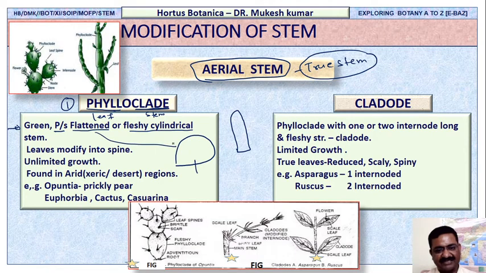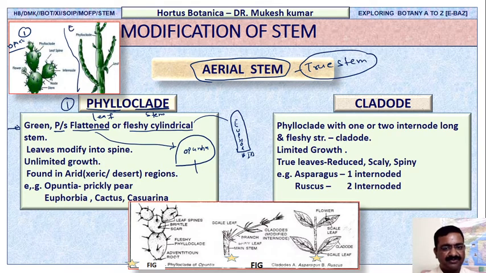This flattened structure is very common in Opuntia, and this cylindrical structure is common in Euphorbia. Mind well. So two examples are also given in our NCERT. See, the first one is your Opuntia, and the second one is Euphorbia, isn't it? How it is a very cylindrical structure, see, and this is a very flattened structure.